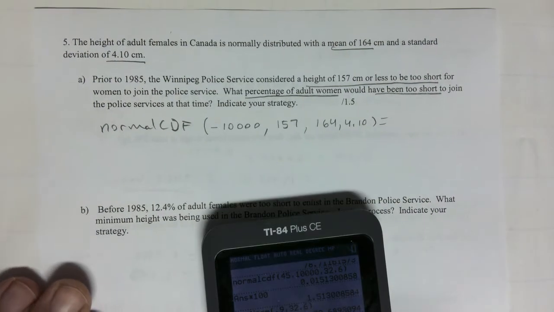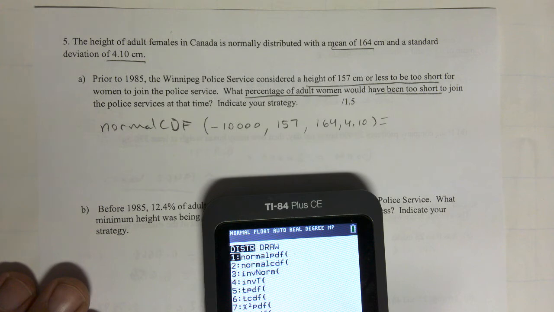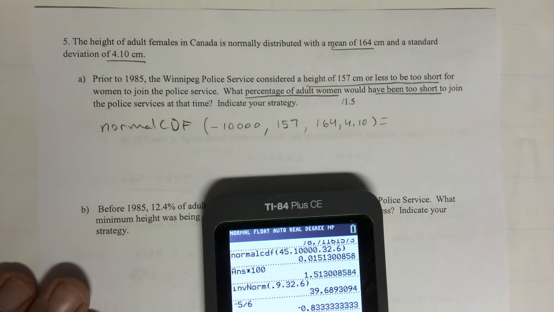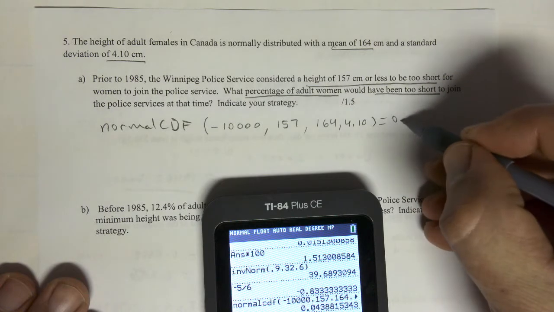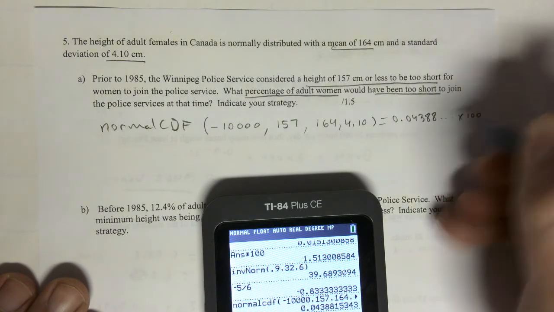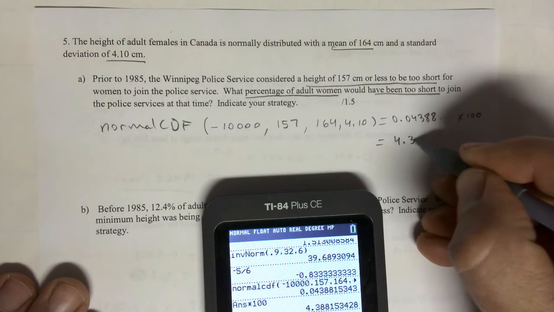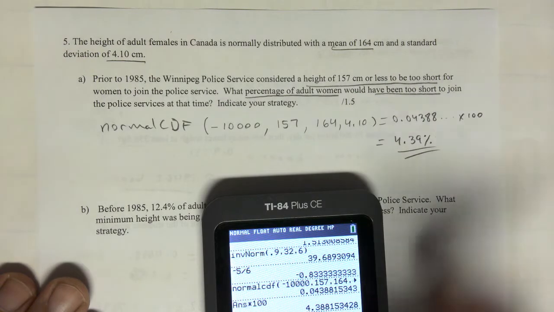Okay, so we're going to figure that out. Second vars, normal CDF, negative 10,000, 157, 164, 4.1. And that's 0.04388. It keeps going. Multiply that by 100. You get 4.39% if you round it correctly.